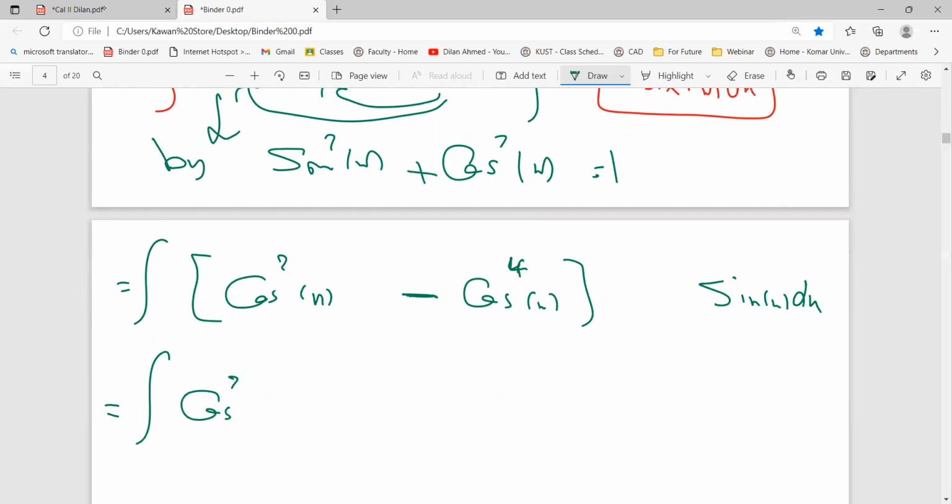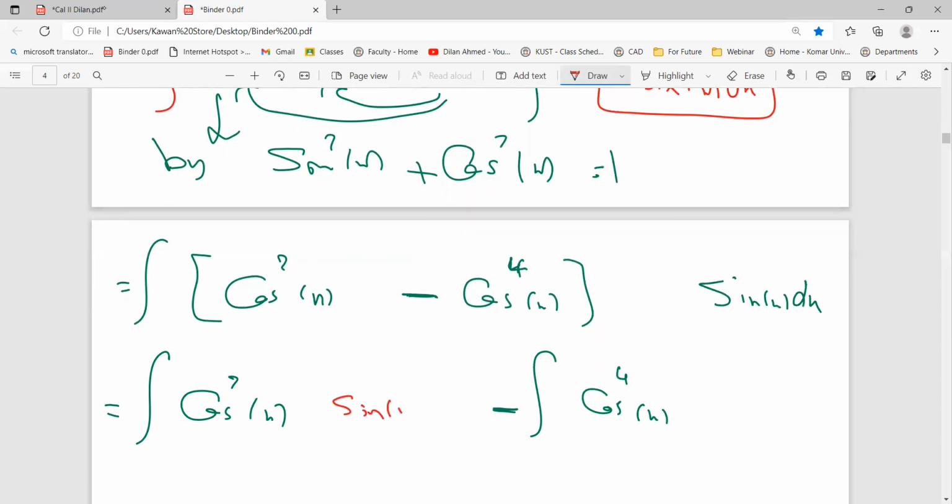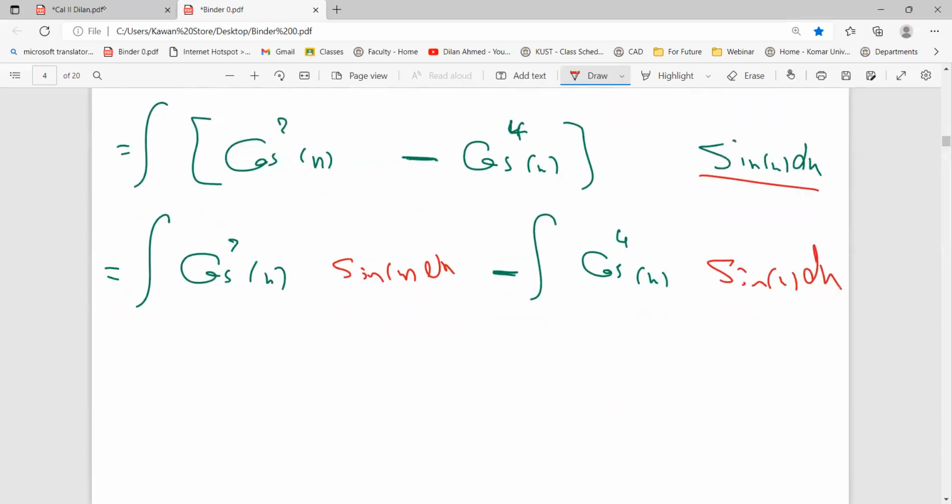So everything is ready here. Why? Why is it easy to solve? Because the sine is odd.